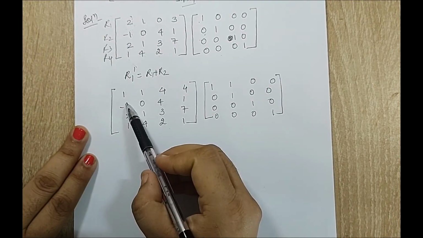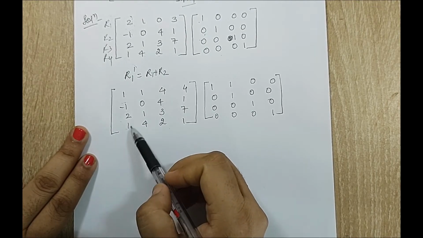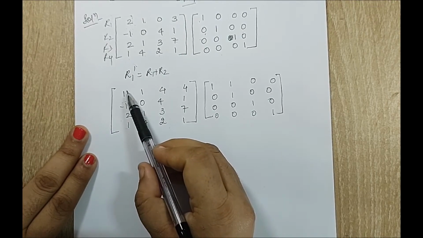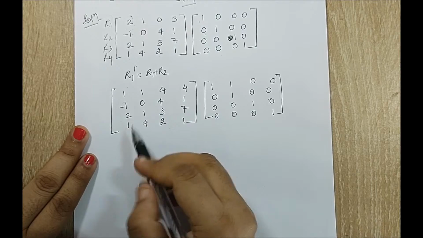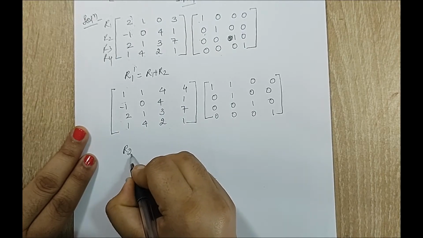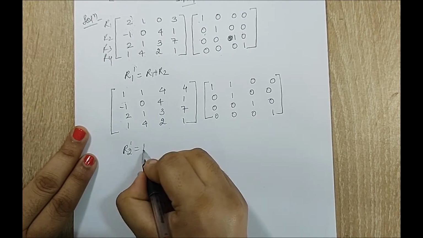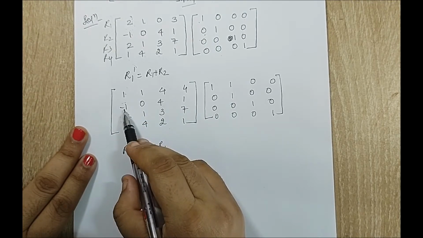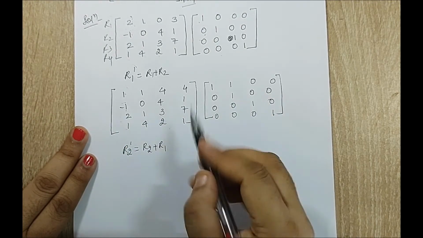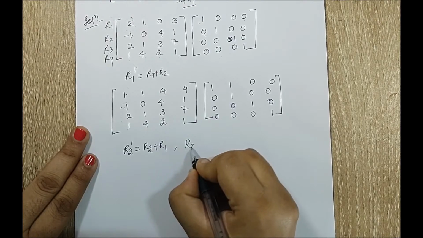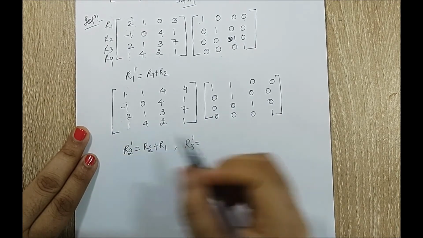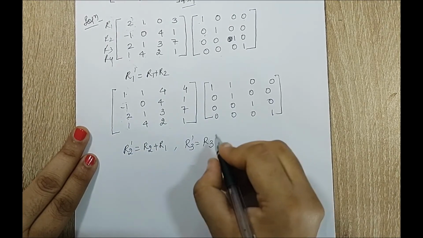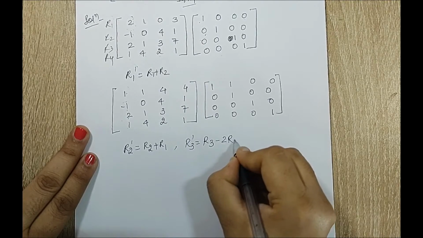Next I will work on these three elements and try to make them 0 by making use of this number. So can I say R2 dash is equal to R2 plus R1. Suppose if I add the R1 value to this number, I get 0. Next I'll solve for R3 dash. This number will be R3 minus 2 times R1.